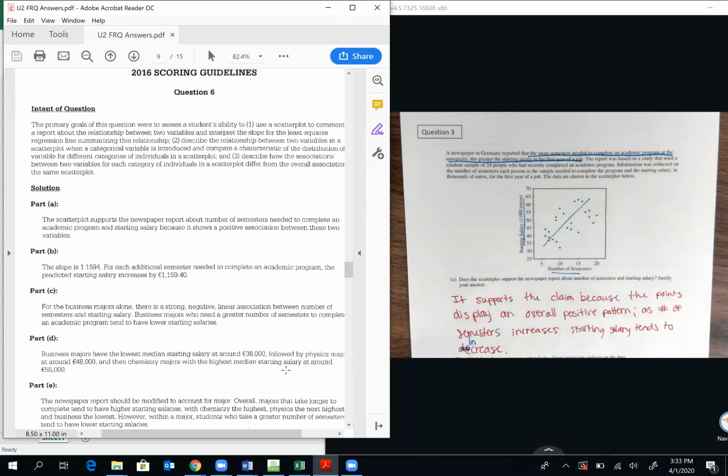If they said that spending more semesters causes you to have a greater starting salary, that would be potentially incorrect because there could be a confounding variable or a lurking variable, which we will see on Part C. But the way they've worded it, they didn't imply causation. They just implied a relationship. And there definitely appears to be a relationship between these two variables. And it definitely appears to be positive.